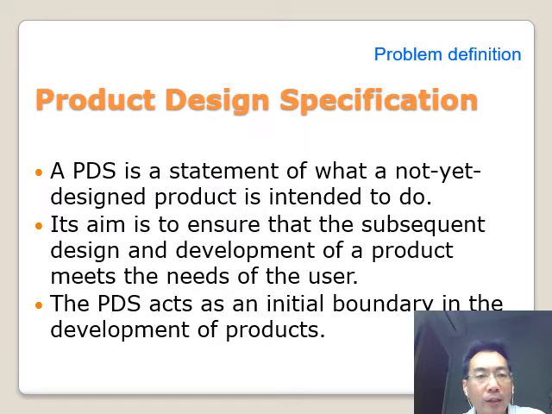Its aim is to ensure that the subsequent design and development of a product meets the needs of the user. The PDS acts as the initial boundary in the development of the product.